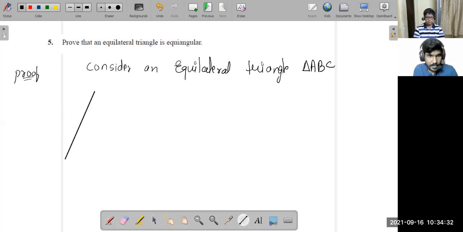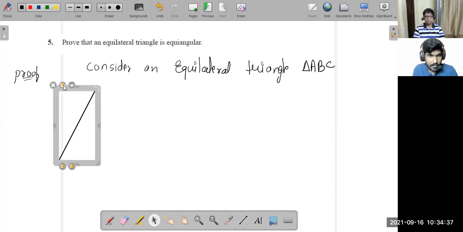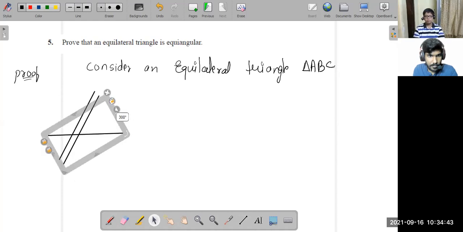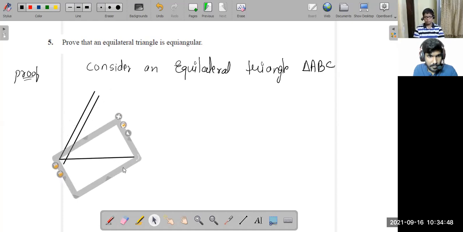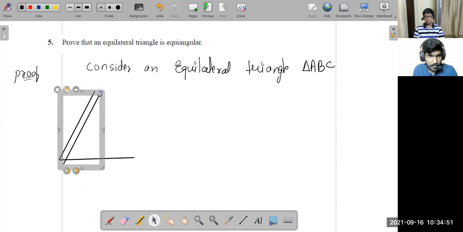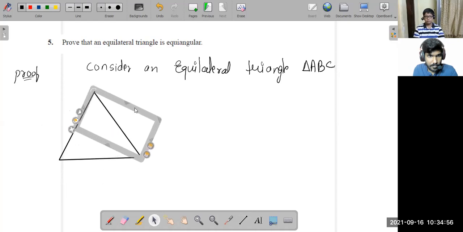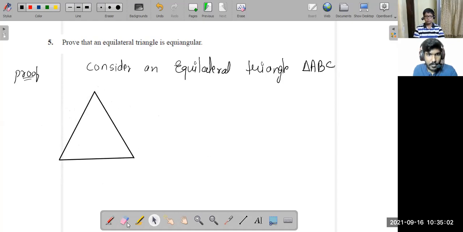So I'll just draw the figure. Okay, so this is an equilateral triangle ABC. Now, what is the property of an equilateral triangle?